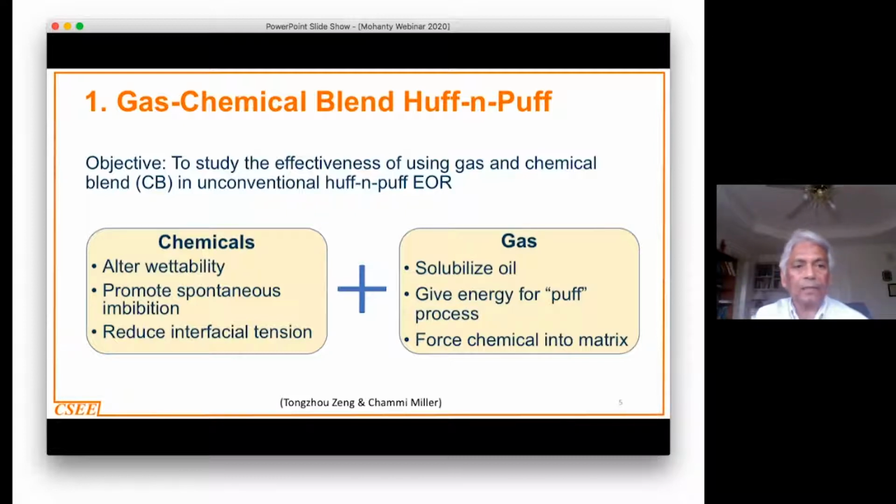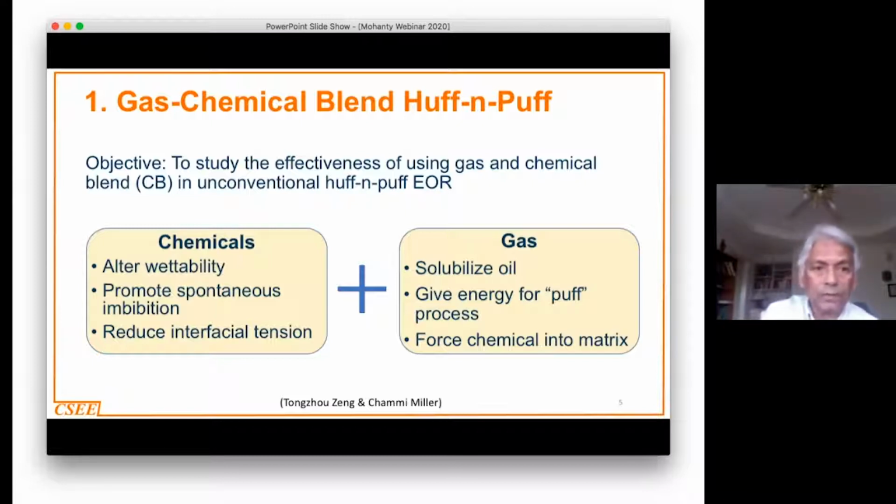If you put in some chemicals, it can alter wettability, promote spontaneous imbibition, and reduce interfacial tension. These can remove the water blocks you may have and make the oil flow better. If you combine the two, you can use the gas to force the chemical into the matrix, deeper away from the fracture. So these sorts of things should help.